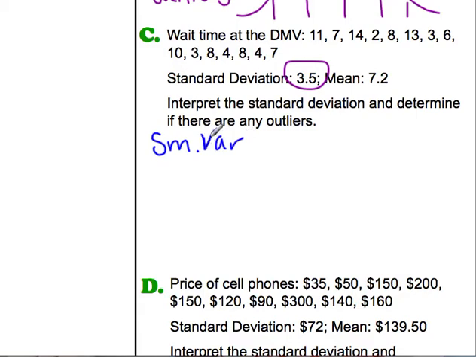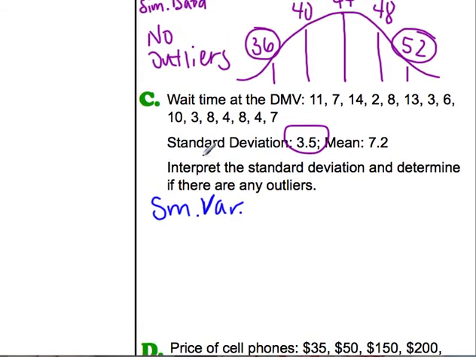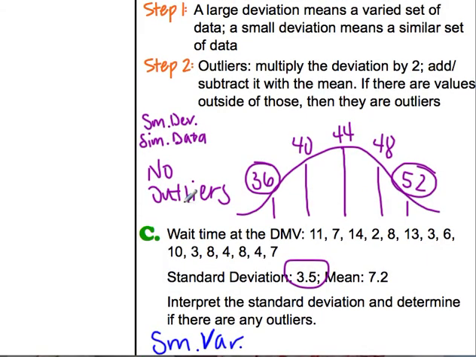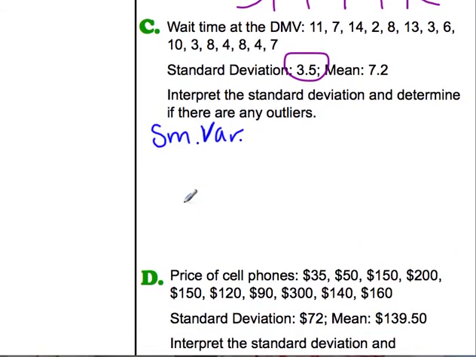As you can remember from our information up here, it is a similar set of data. And you can see that by looking at the numbers, because as you can see here, we have everything from 2 minutes to 14 minutes. Not a huge variation.